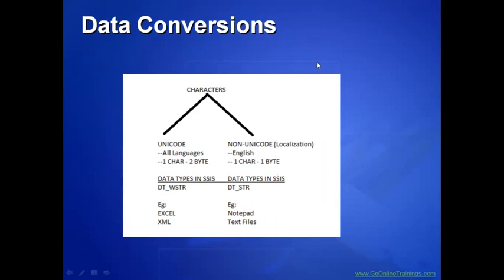That is one thing. Here, if you wanted to store completely English data, there is a data type called DT_STR. In SSIS, to store Unicode data, it is DT_WSTR. W means wide string, because the other is going to take a single byte, and this is going to take 2 bytes. So they put wide string. Wide string means you can store Unicode data. Clear?